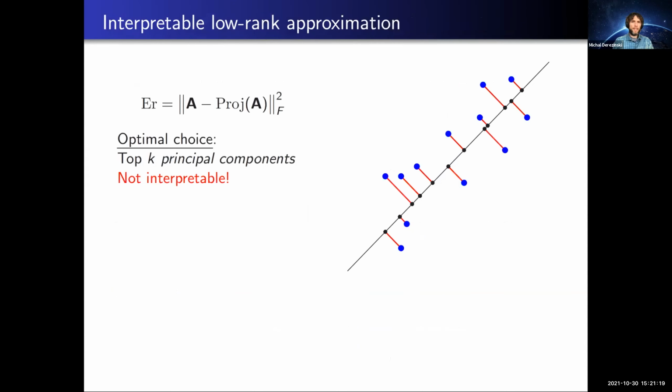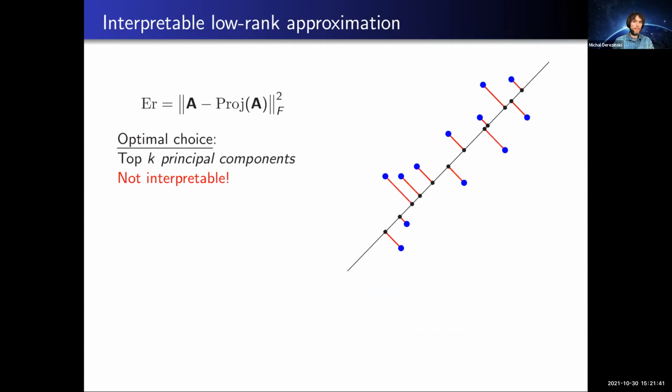So at the foundation of many dimensionality reduction approaches is the fundamental task of low-rank approximation. Here, our goal is to project the data onto a low-dimensional subspace while minimizing a certain mathematically formulated projection error.